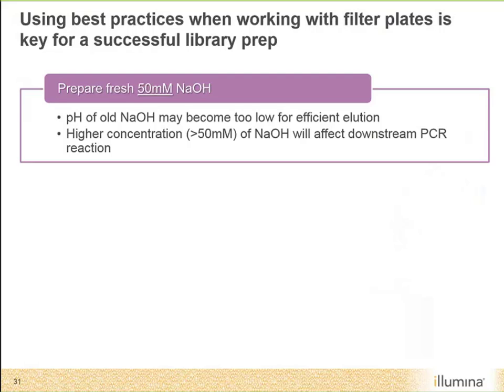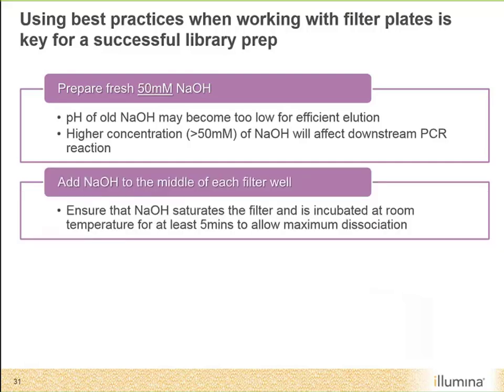One key component to keep in mind is that if the pH of the sodium hydroxide is anywhere under 12.5, that can definitely impact the ability of the samples to be eluted properly off the filter. If the pH is too low, that can impact elution. Or if you use too high a concentration, more than the recommended 50 millimolar of sodium hydroxide, you have too much sodium hydroxide in your final product, and that can then impact downstream PCR.